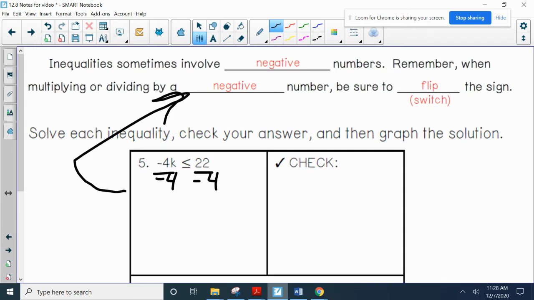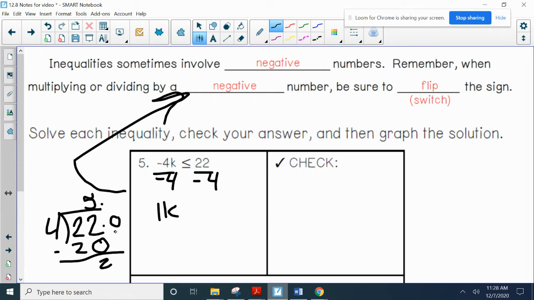All right. So negative 4 divided by negative 4 is 1. So 1k. 22 divided by 4. Well, let's see. 4 into 22. 4 goes into 22 5 times, which is 20. With 2 left over, we're going to go ahead and add a decimal and bring down a 0. 4 goes into 20 again 5 times.